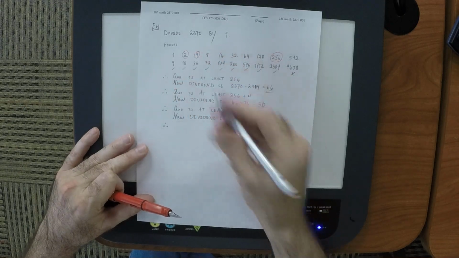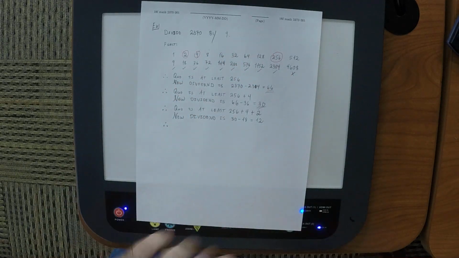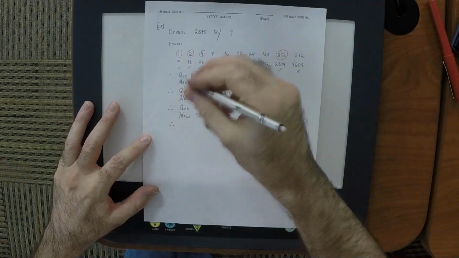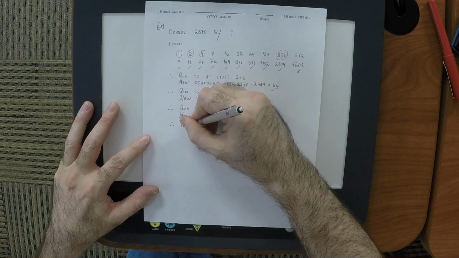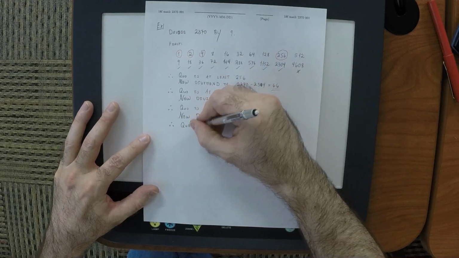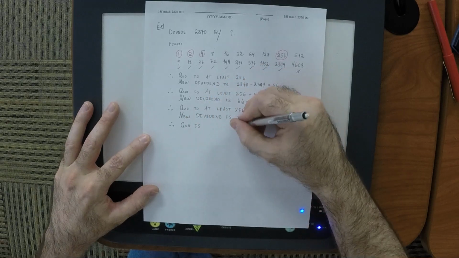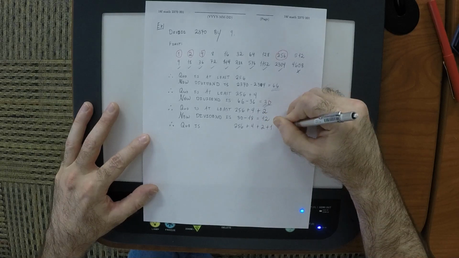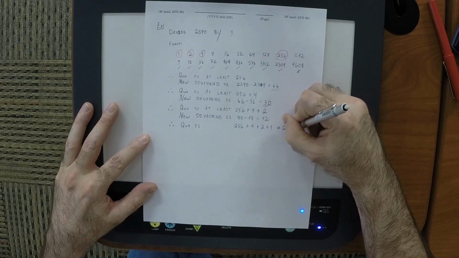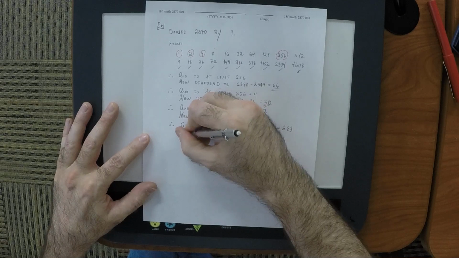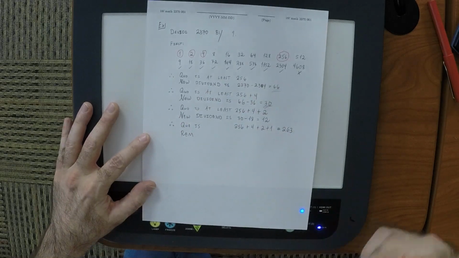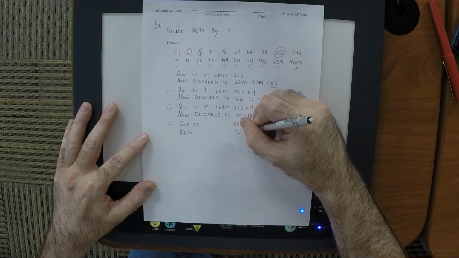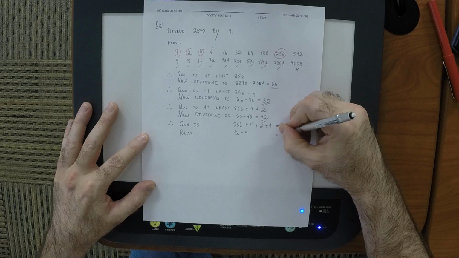And because that's the lowest power of 2, that means that that's where the answer is definite. So we don't have to say at least anymore. In fact, the quotient is 256 plus 4 plus 2 plus 1, which if you add that up carefully, that's 263. And the remainder, not the new dividend, but rather the remainder, because this is the end, will be 12 minus 9, which is 3.